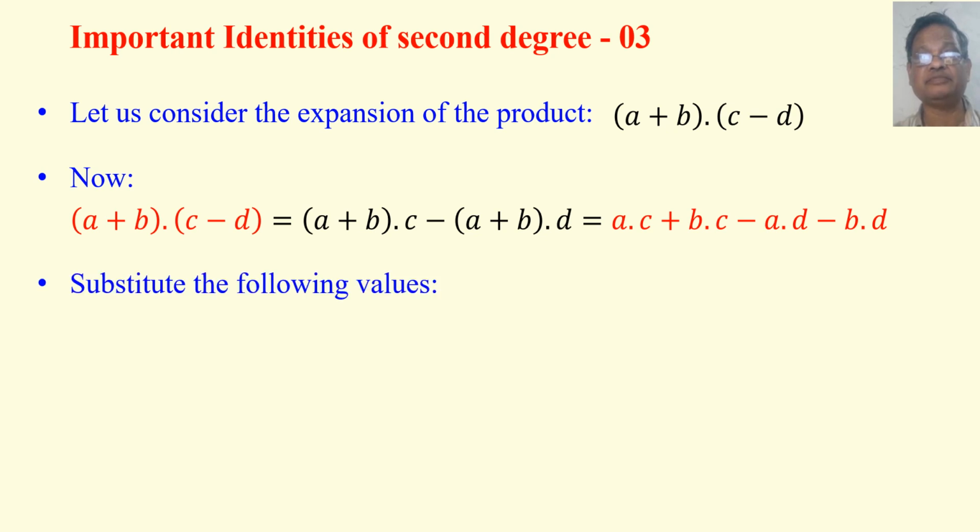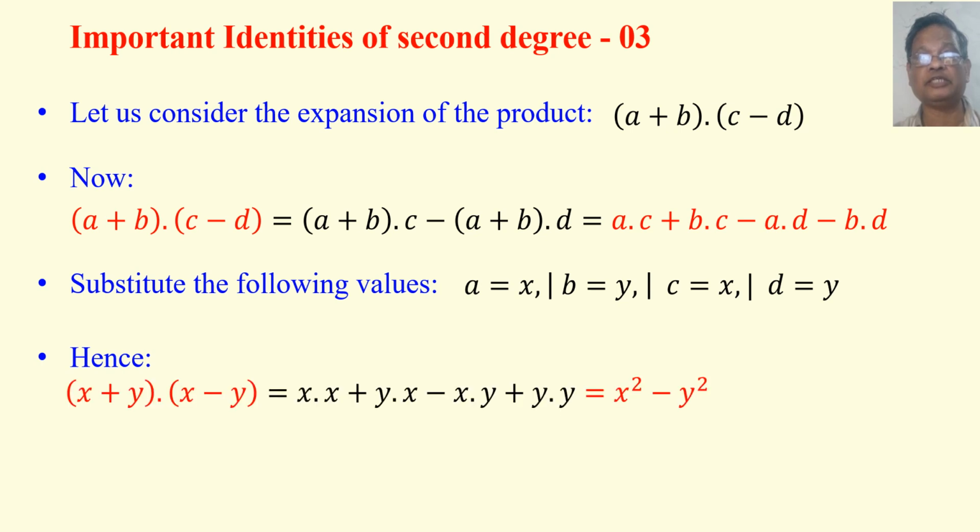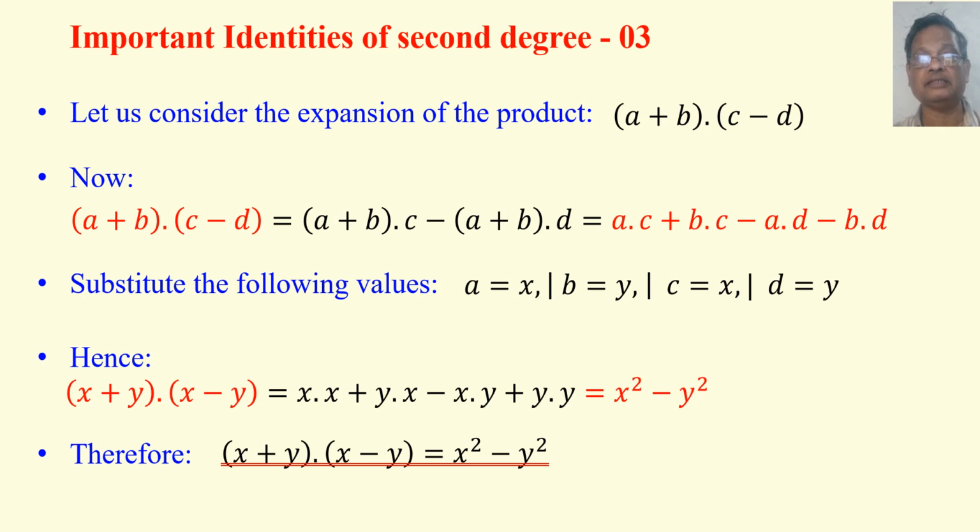Now let us substitute the following values: a equals x, b equals y, c equals x, and d equals y. Hence, the product becomes (x plus y) into (x minus y), and its expansion would yield x squared minus y squared. Therefore, (x plus y) into (x minus y) is equal to x squared minus y squared.